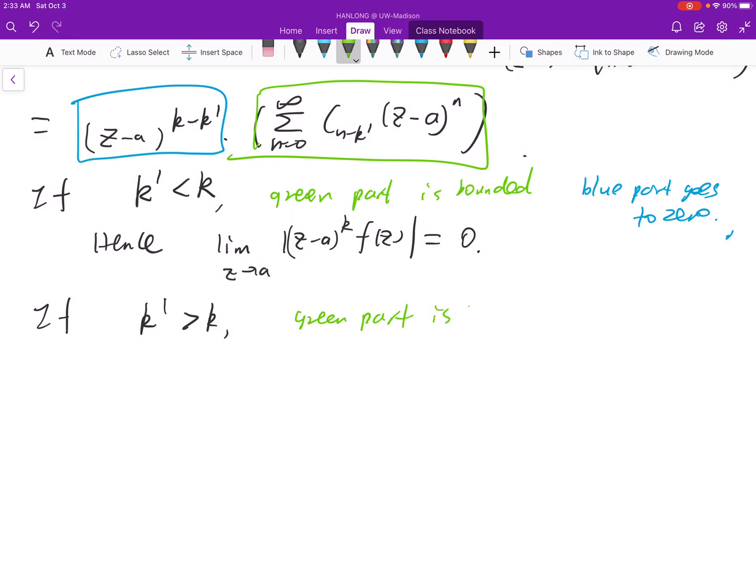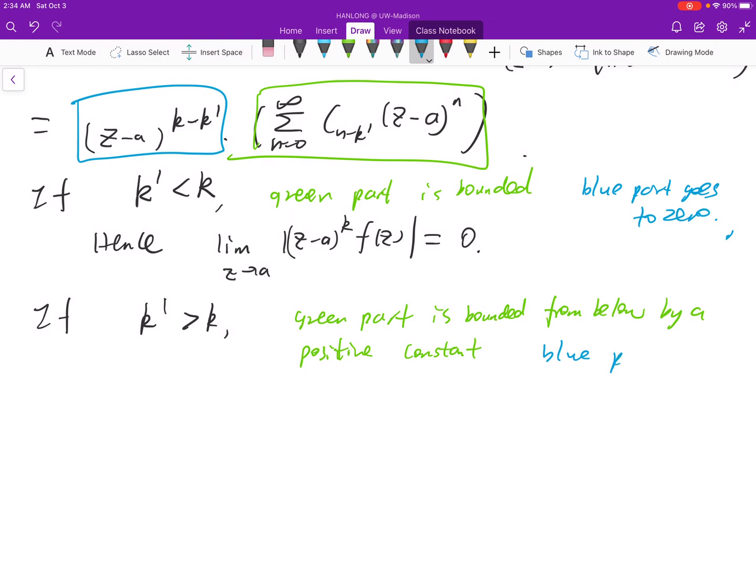The green part is bounded from below by a positive constant.